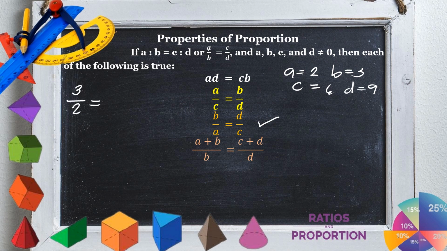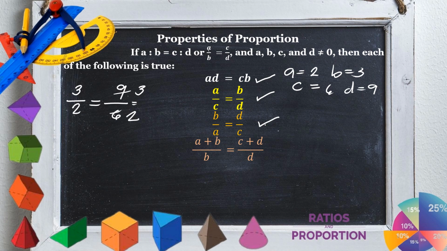Is it still equal if we inverse it to 9 over 6? 9 over 6 is still equal to the lowest term, divisible by 3: this is 3, this is 2. So they are still equal. So we have your cross multiplication, your alternation property, and your inverse property.